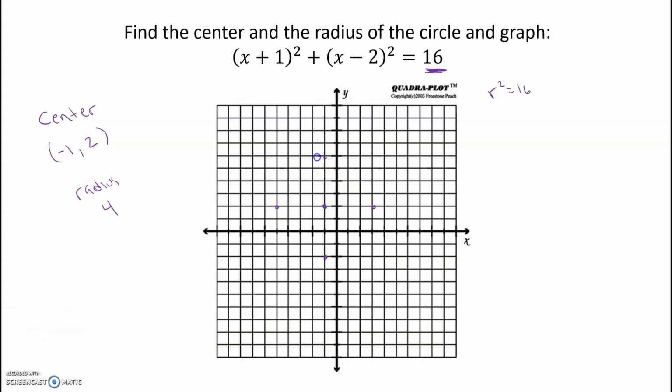You get the gist. It should look like a circle, okay? Again, radius in all directions was 4, and my center point was -1, 2.